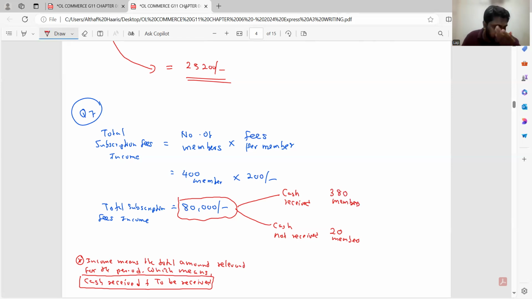So from each member 200, we have received cash from 380 members: 76,000. Cash received.